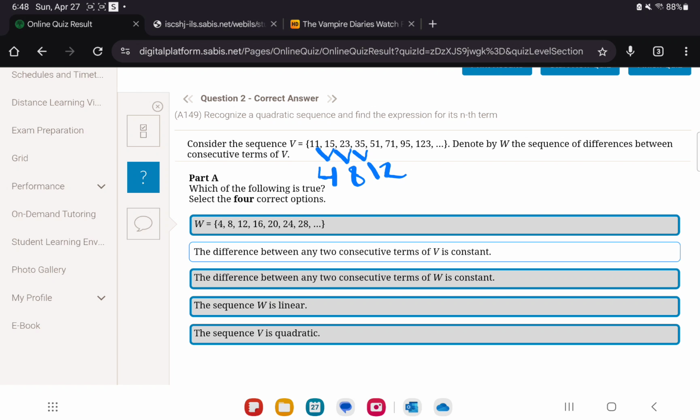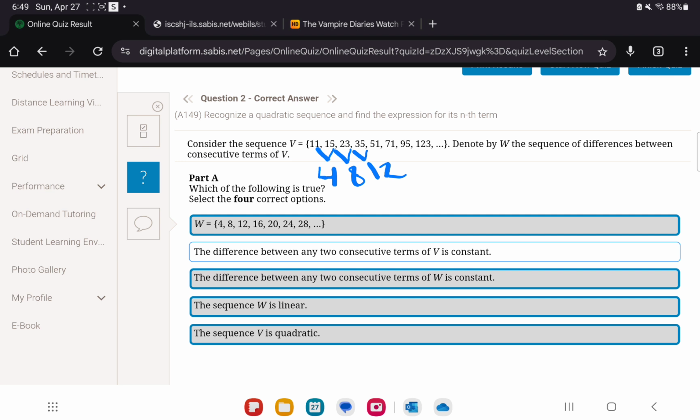And then so on. So it's not an arithmetic, it's not a linear sequence, okay? And it's also not a geometric progression, because if you divide 15 by 11, it's a decimal, and then 23 divided by 15 is also a different decimal. So that doesn't work, okay?